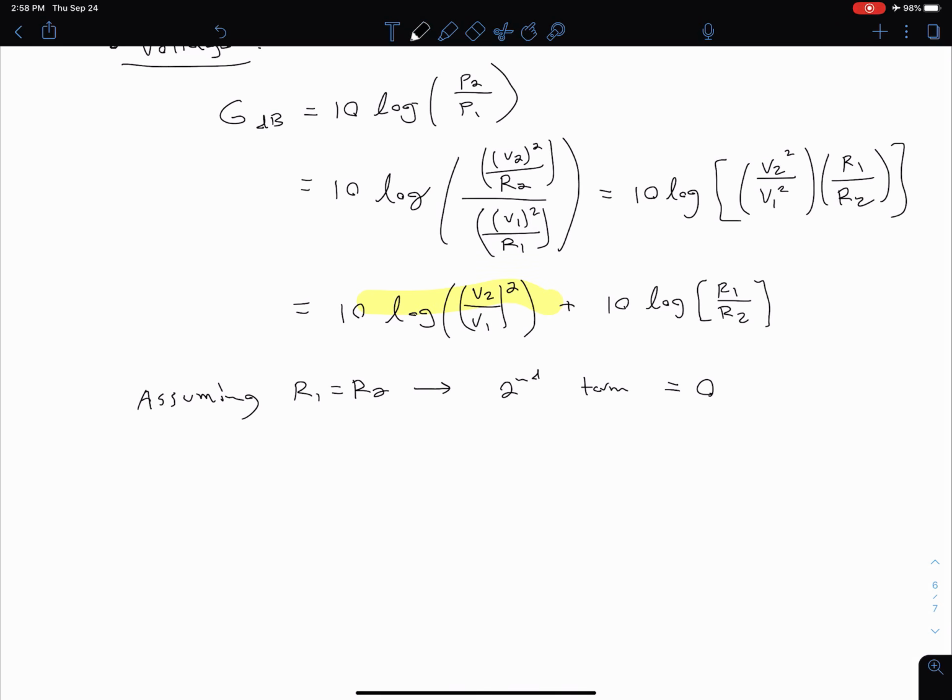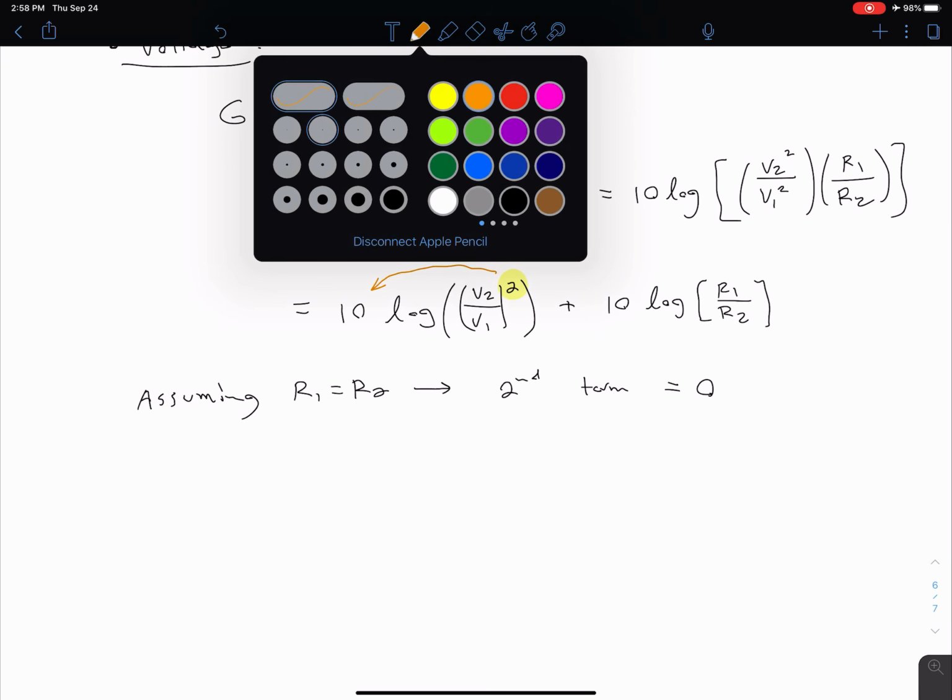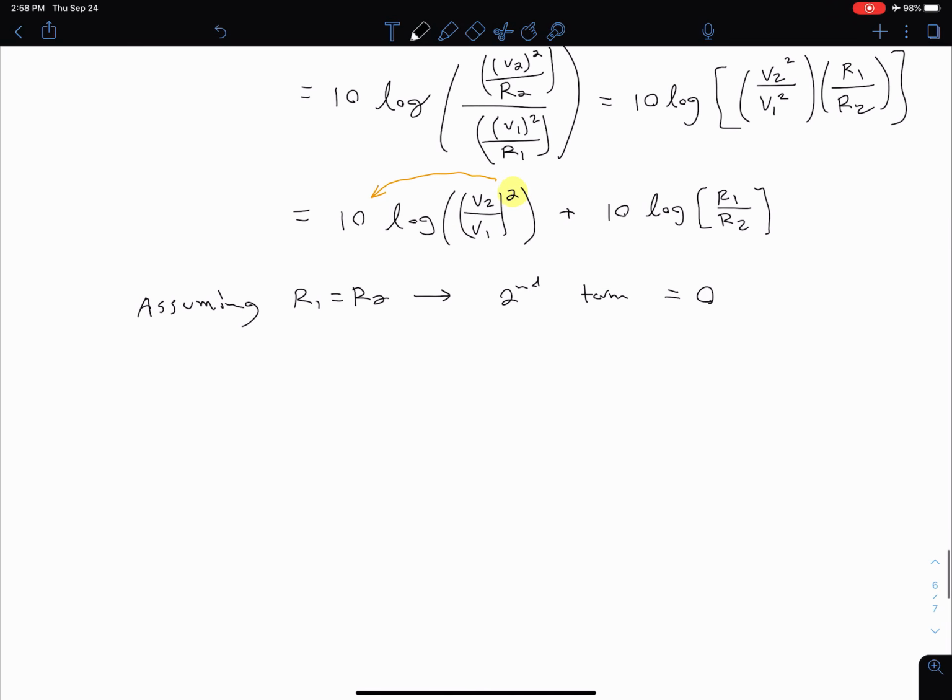From another log property, we can take that exponent, this 2, and bring it down and multiply by this 10 that's already out front. So our final result is that our gain in decibels is equal to 2 times 10, we get our 20, log base 10 of V2 divided by V1.